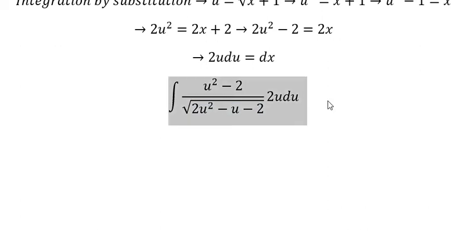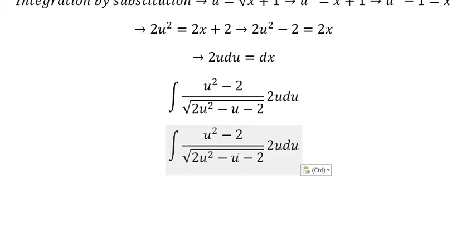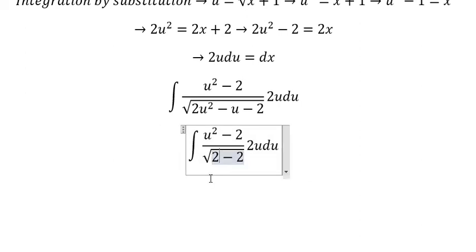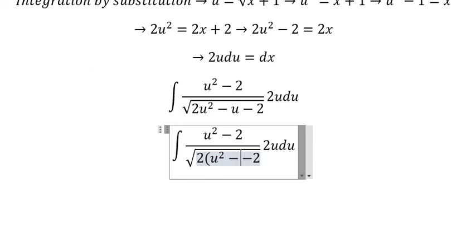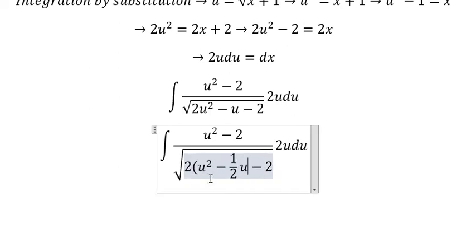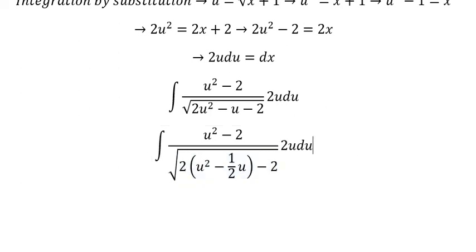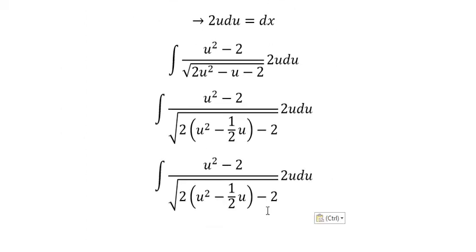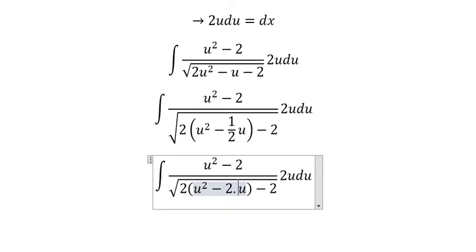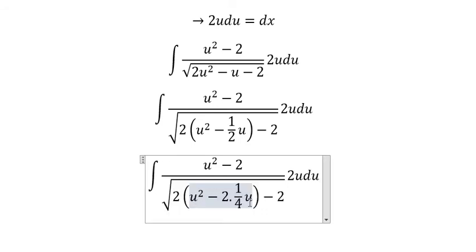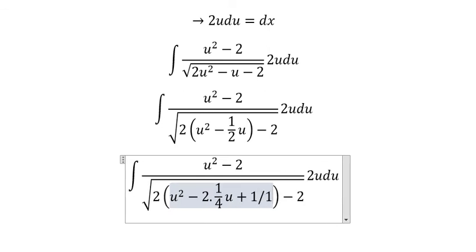Next we can do factorization of this one in here. Next we have 1 over 2, so we got 2 multiplied with 1 over 4. So that means we need to have 1 over 16.